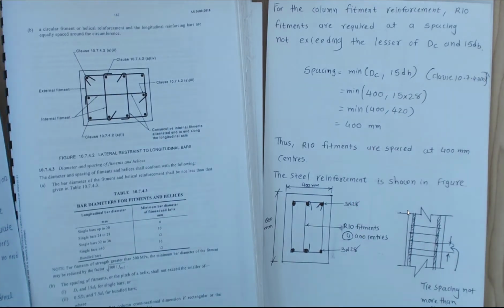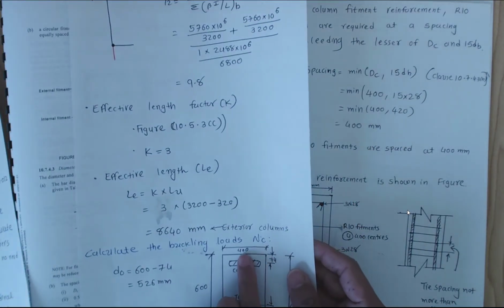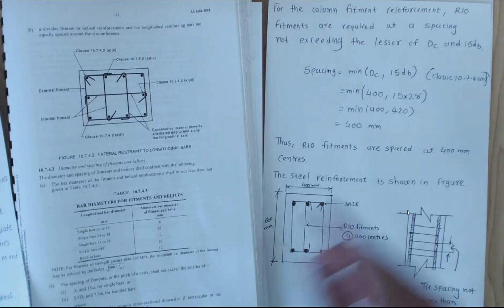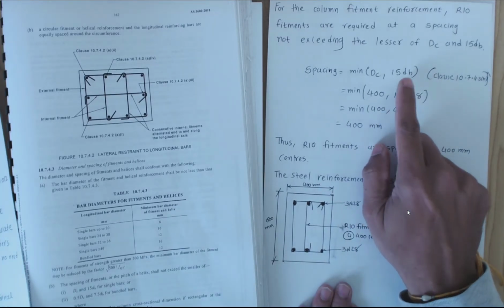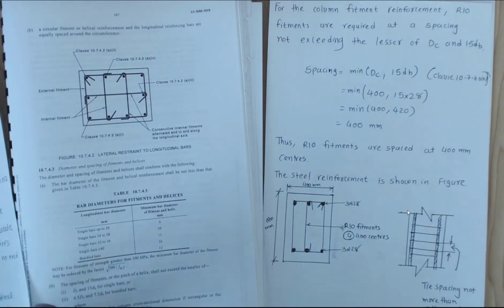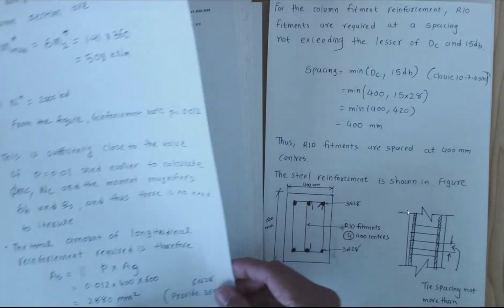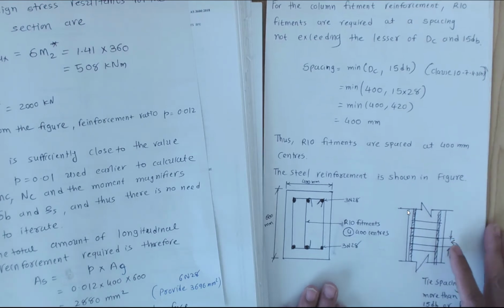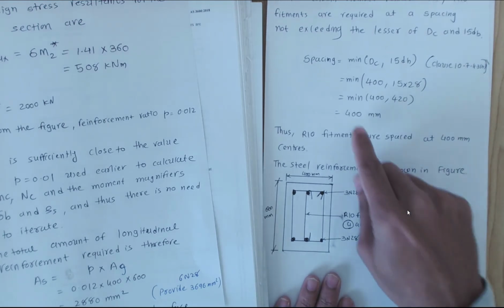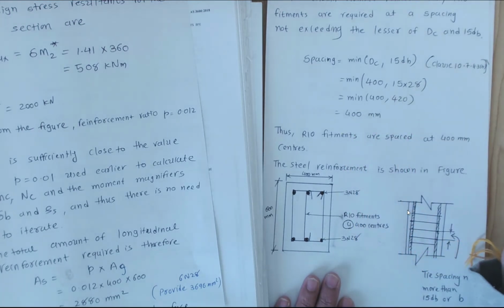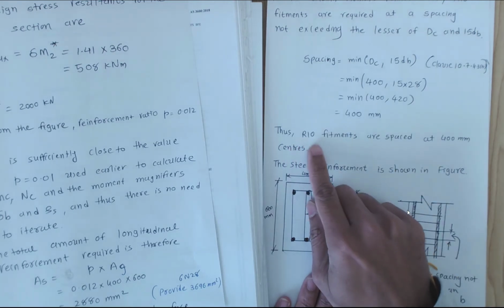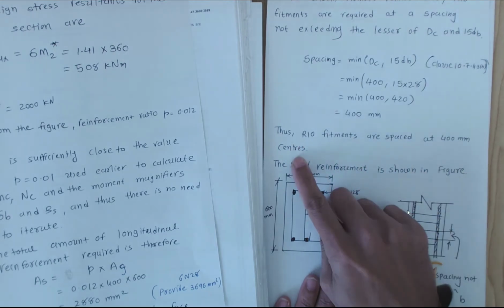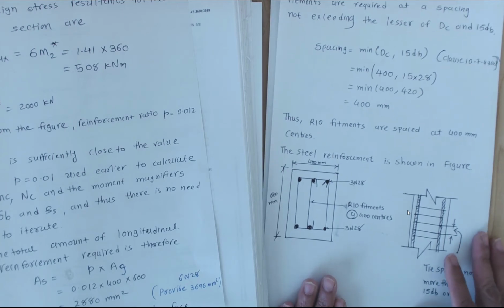Our cross section is 400 by 600, so we take 400, the smaller dimension. 15 times 28, since we are using N28 bars, gives a minimum value of 400 millimeters. So the spacing we provide is 400 millimeters. Thus the R10 fitments are spaced at 400 millimeter centers.